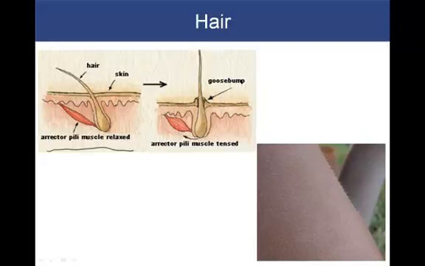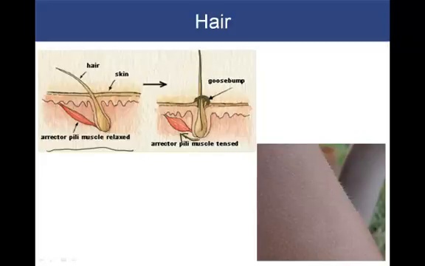Upon contraction of that erector pili muscle, you see that the bulb is swung in this particular direction, and this causes the hair to become erect. When that hair becomes erect, it bunches the skin surrounding the opening of that hair, and that creates basically a goosebump.